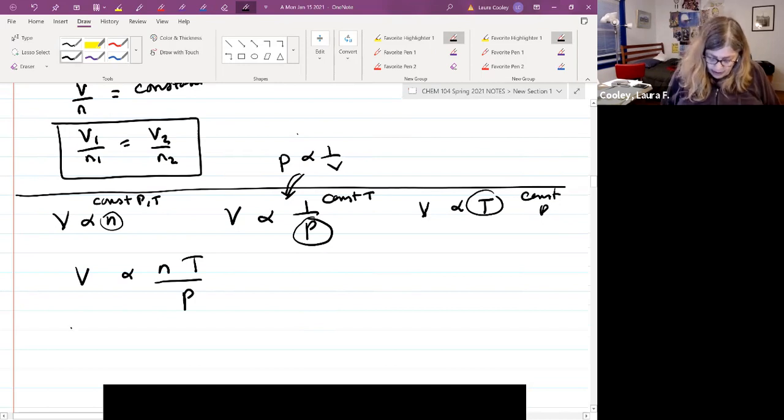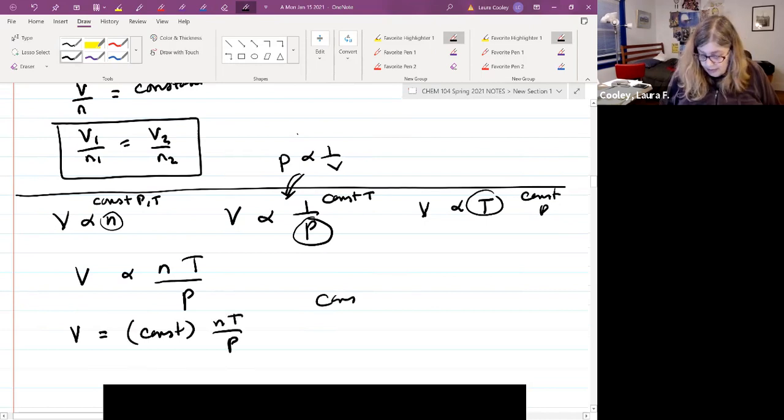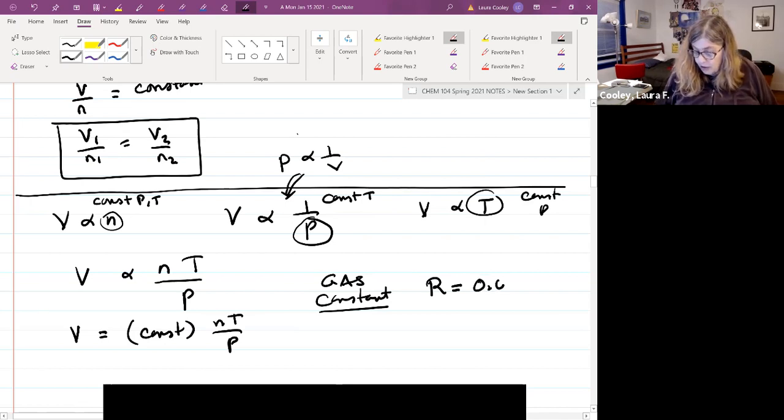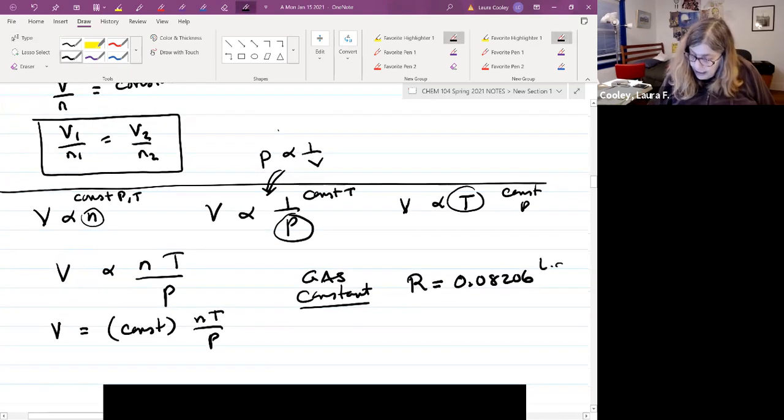And then I say, okay, that means that volume is a constant times NT over P, and the constant we call the gas constant for obvious reasons, and we give it the symbol R, and it's 0.08206 liter atmospheres per mole Kelvin.